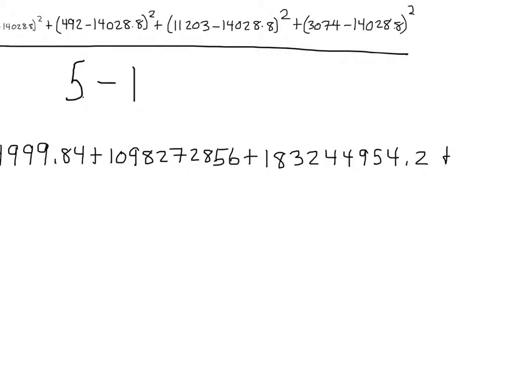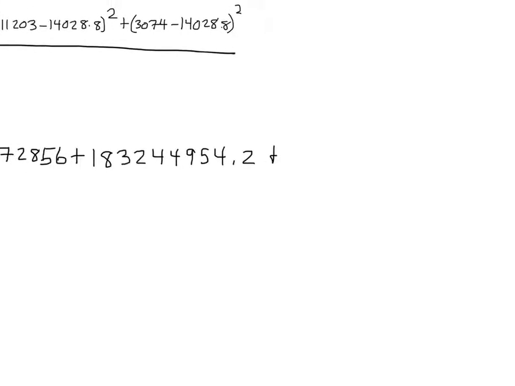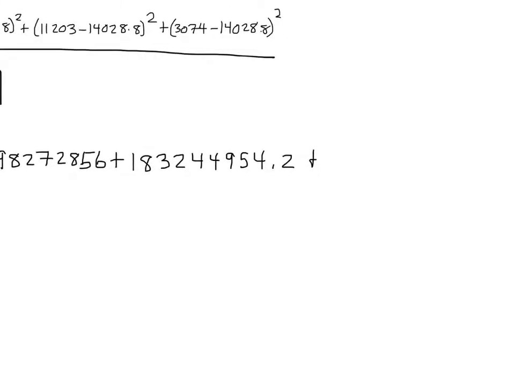Plus, and now I'm going to do the fourth one right here. And so I've got 11203 minus 14028.8 equals, and then I square it, and it gives me 79,85145.64.